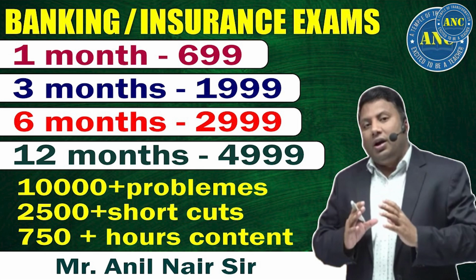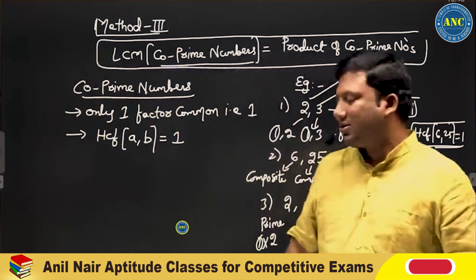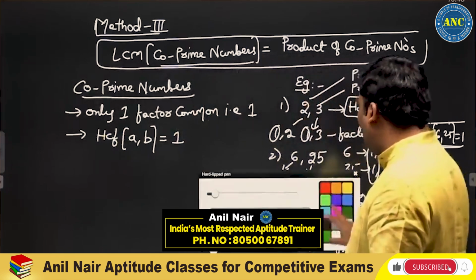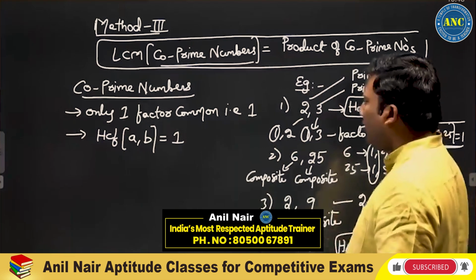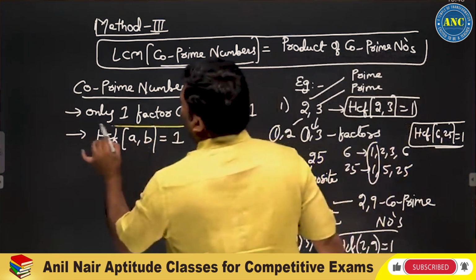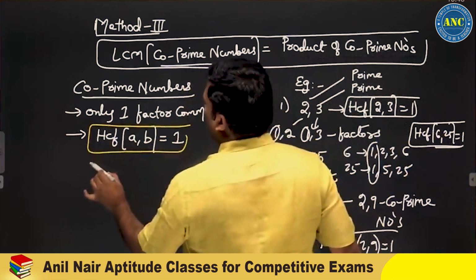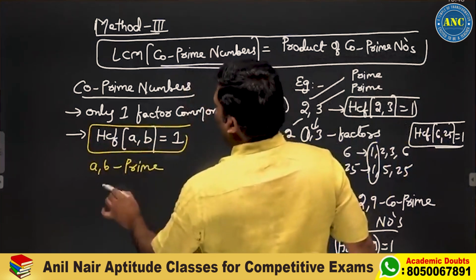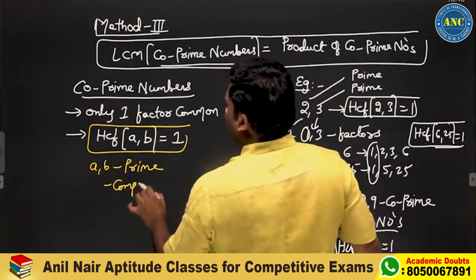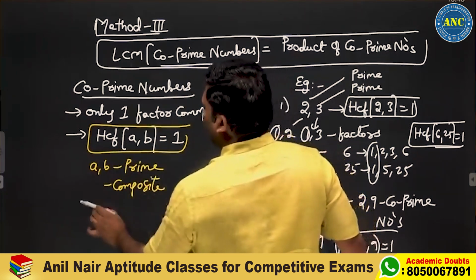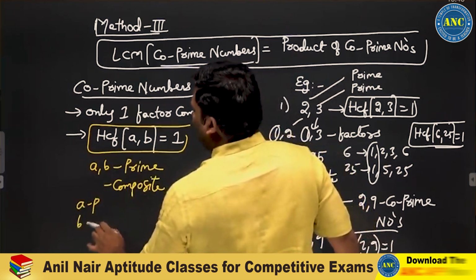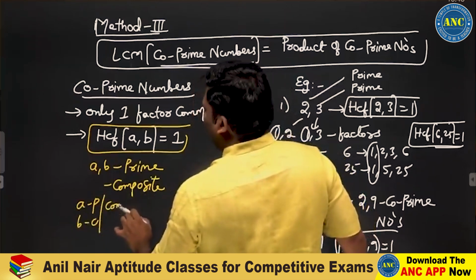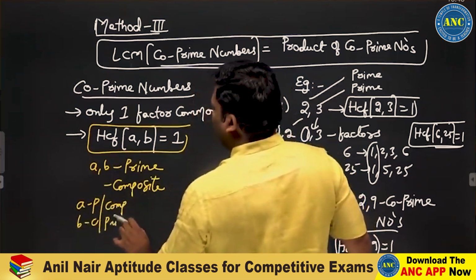Just because there is the word prime in co-prime does not mean we should take only prime numbers. Write down: HCF of A, B equals 1. One can be composite, another can be prime.